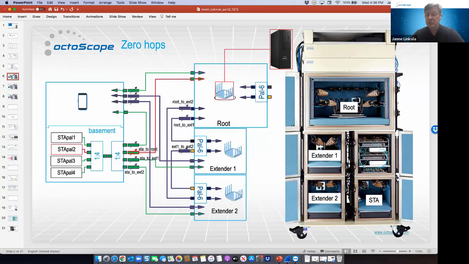And we're going to use an octoScope test instrument called StayPal. It is physically located here in a fourth chamber, and it sees the mesh network through 3 attenuators, 1 to each of the nodes.